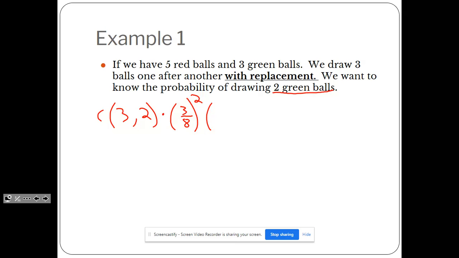Failure in this case is a red ball, so that's a 5 out of 8 chance. There are 5 red balls, 3 green balls. Since we have 3 trials, and we said 2 successes, that means 1 failure.